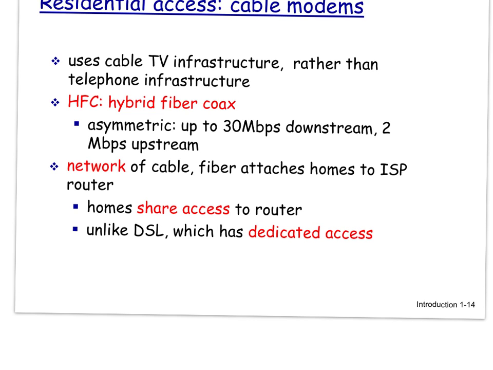And then we use the same concept of shifting the data higher in the frequency domain so that it does not interfere with the TV frequency, okay? And again, inspired and influenced by the client-server service architecture, we use asymmetric data rates. So we find that up to 30 megabits per second in the downstream, and only 2 megabits per second in the upstream.